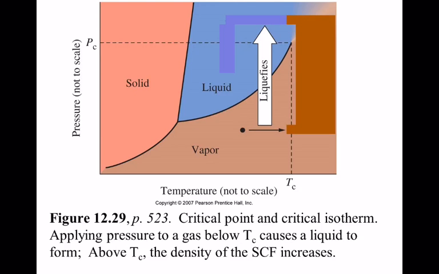And then this says, if you start here, now we're changing the temperature and holding the same pressure. If we increase the temperature, it's just going to go from a gas to a gas. We're nowhere near anything interesting like a supercritical fluid.